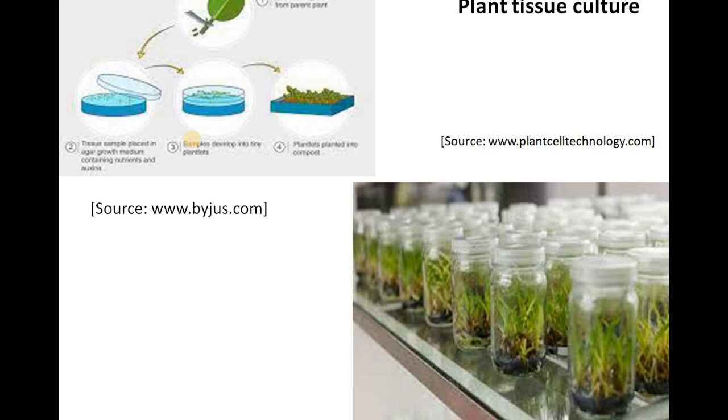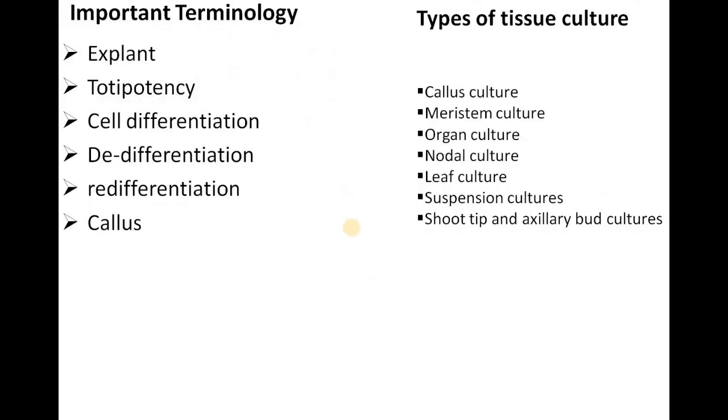This callus again undergoes redifferentiation, giving rise to shoots and roots of that species of plant. These shoots are subjected to root induction, and are then transferred to field conditions for further growth. So this is the basic procedure of plant tissue culture.